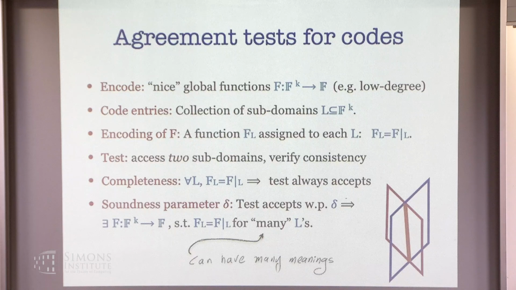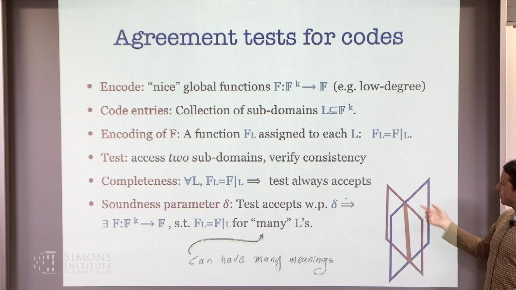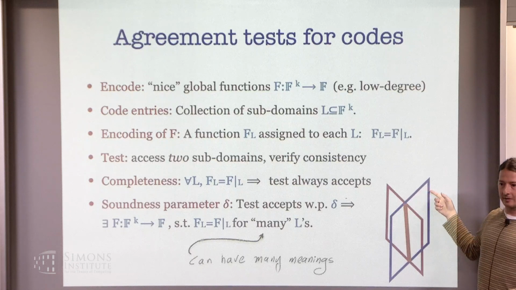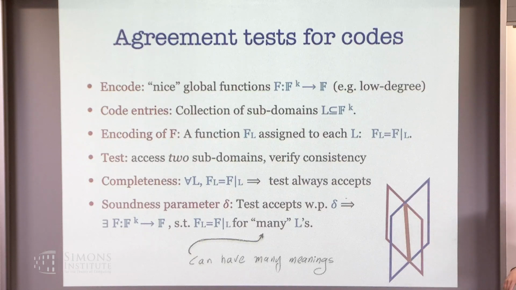Right, so here's one good thing about an agreement test, at least the way I described it. It has 2 queries, which is good because eventually we want to get equations with 2 variables in each. So that's the same 2.